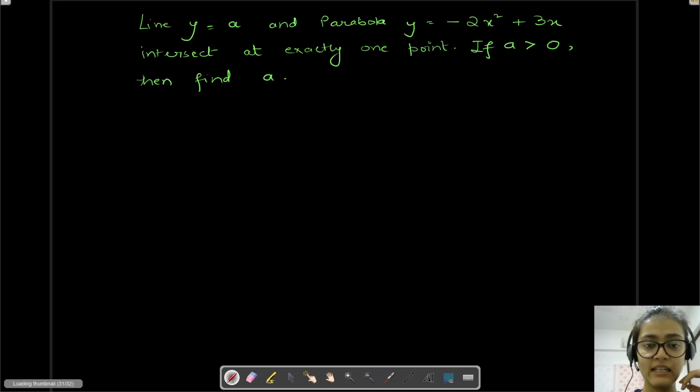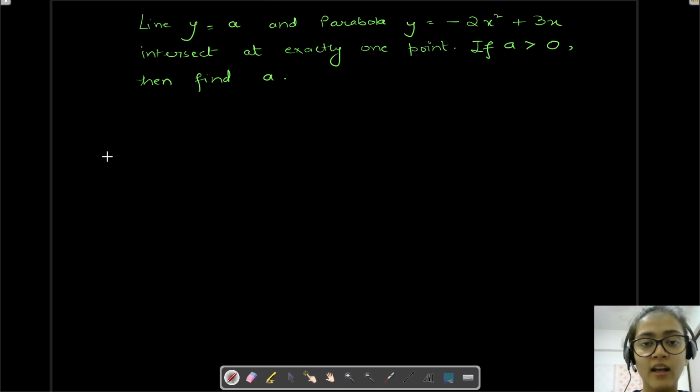Alright, let's see the next question. Next we have the intersection of a parabola and a line. This question says that the line y equals a and the parabola y equals -2x² + 3x intersect at exactly 1 point. If a is greater than 0, find the value of a. So this is the case of intersection of a parabola and a line.